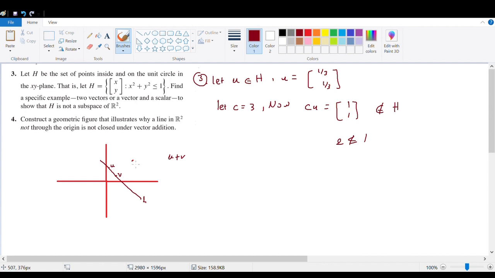We say that u and v are in L, but if we add u plus v, the result will be here, which is not inside L, so it is not closed under vector addition.